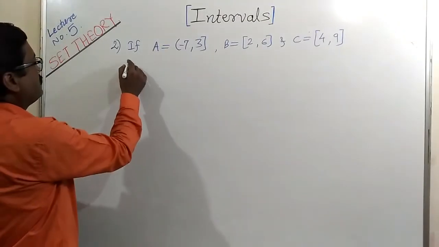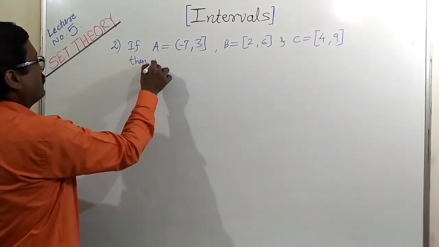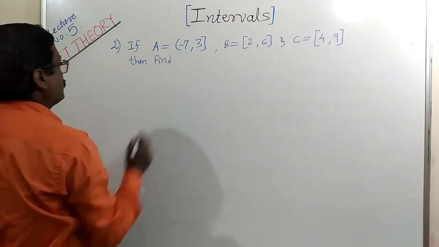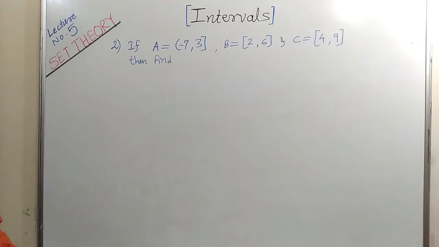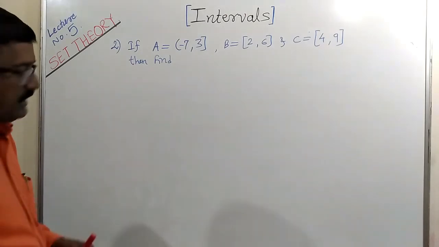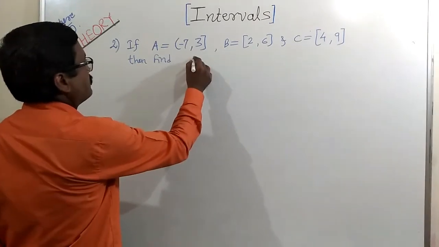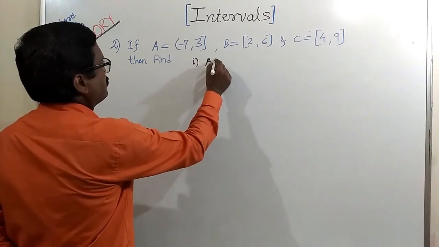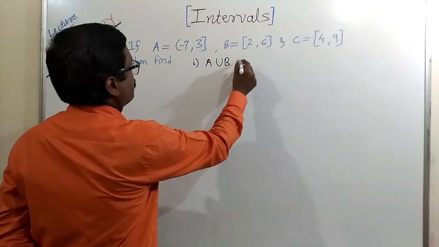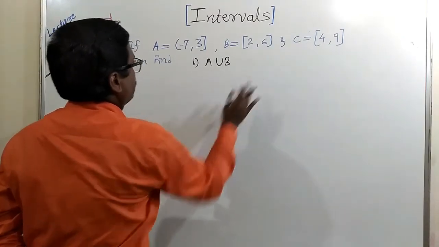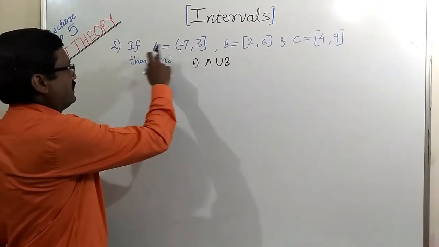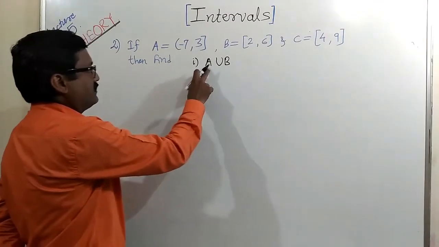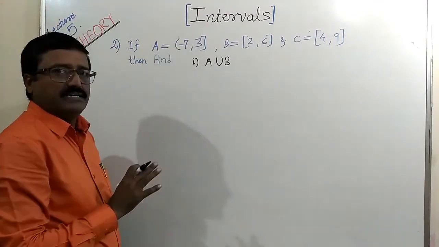Then find, first one, A union B. Let us write these intervals as sets. In the place of the set you can write the intervals directly.